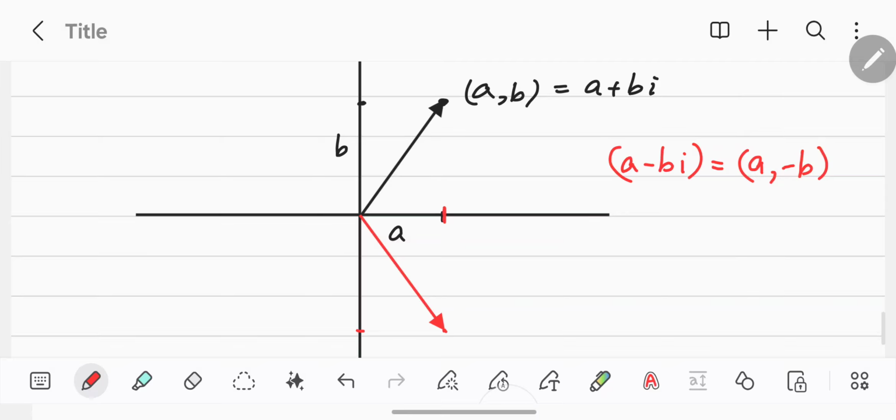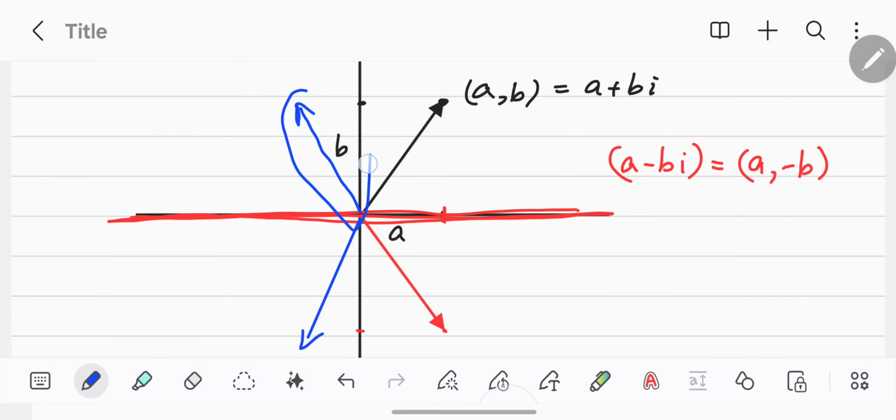Now you can check. This new vector is just the reflection of this original vector, okay? So for example, if this is the mirror, and here you have any vector, its conjugate should be the reflection here, okay? For example, you have this vector here, its reflection must be this vector here, okay?